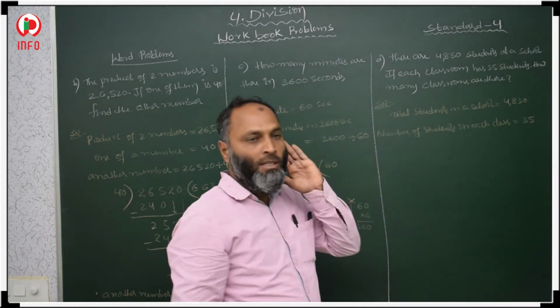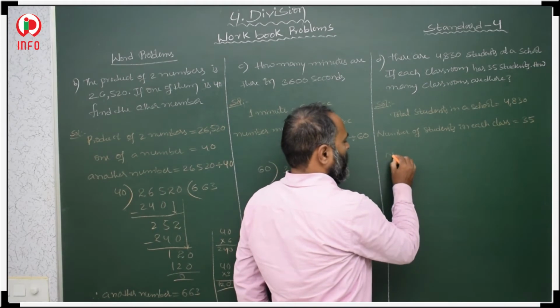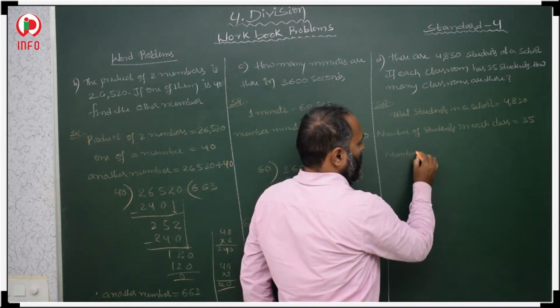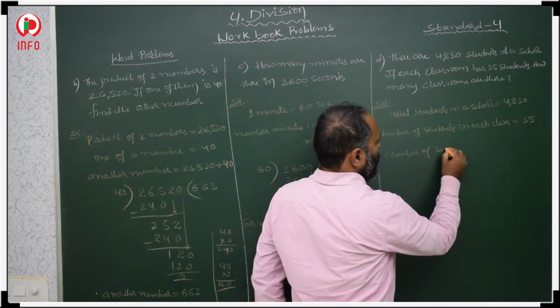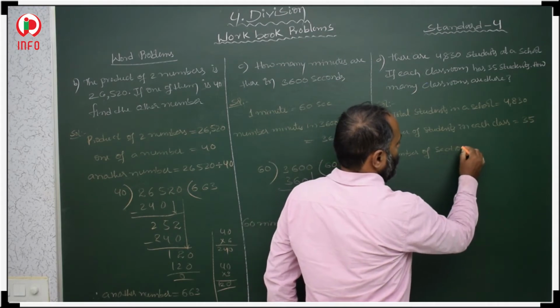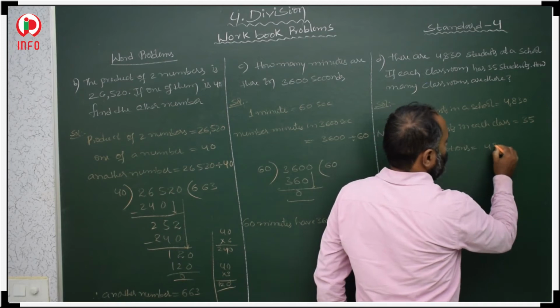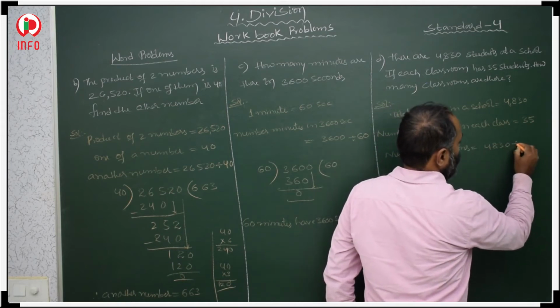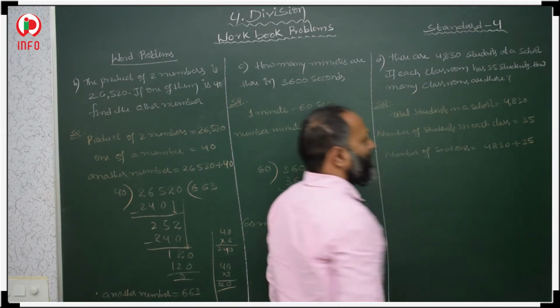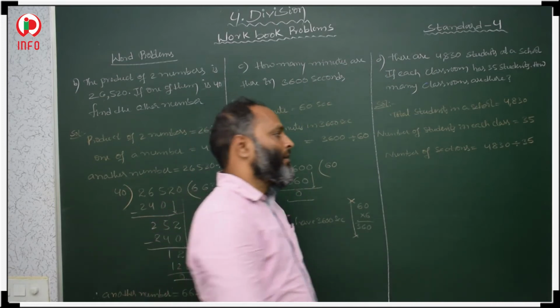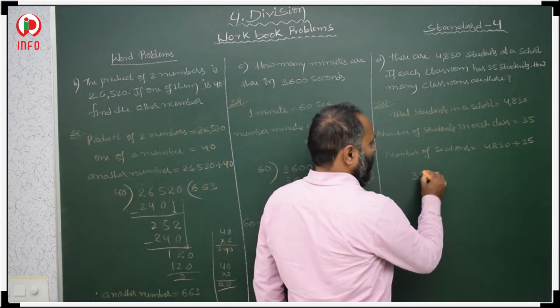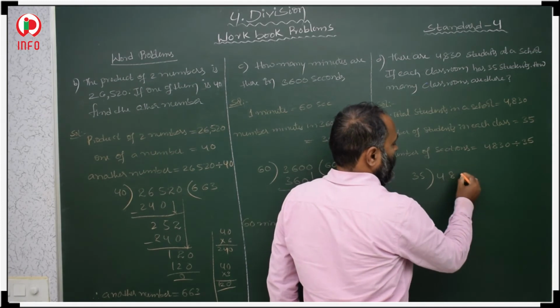Then number of sections. Then we divide total students by the number of students in each class, that means each section. That is 35 divides 4830.